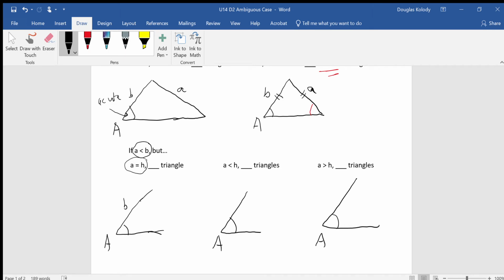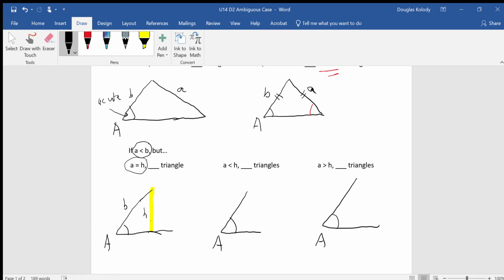All right, so let me talk about this right here. If A equals H, let me use a highlighter. That is H right there. H is the height, but when I draw the height, what type of triangle do I create?